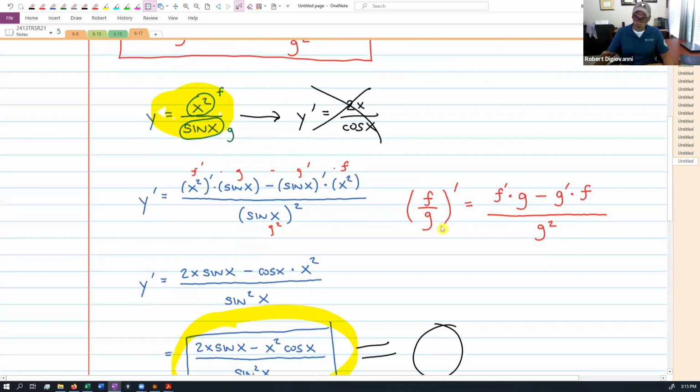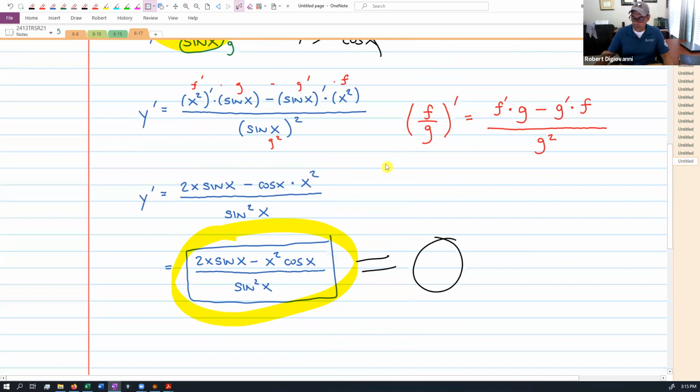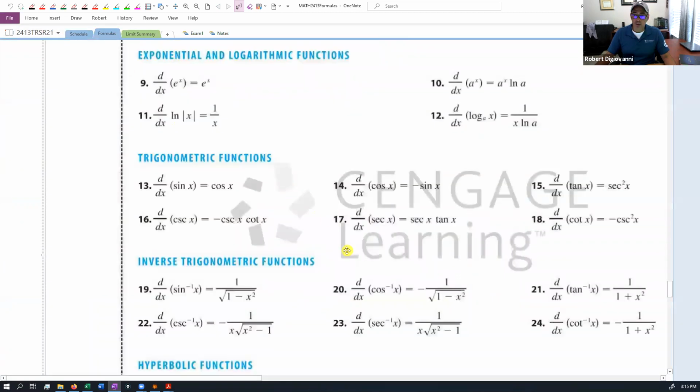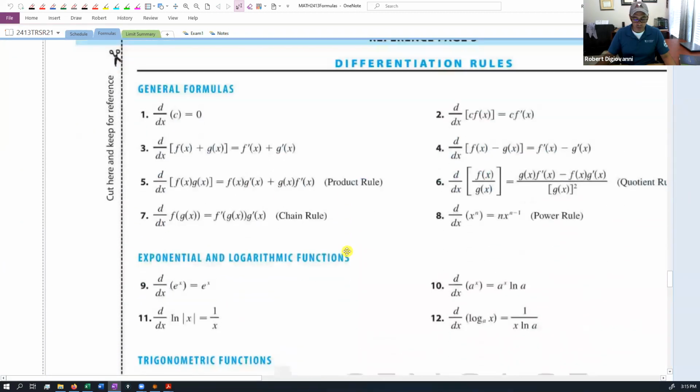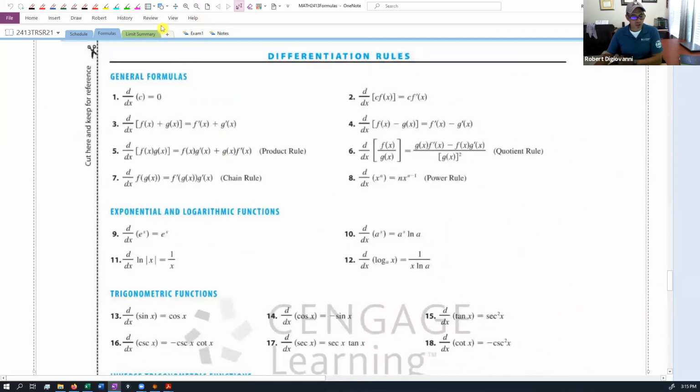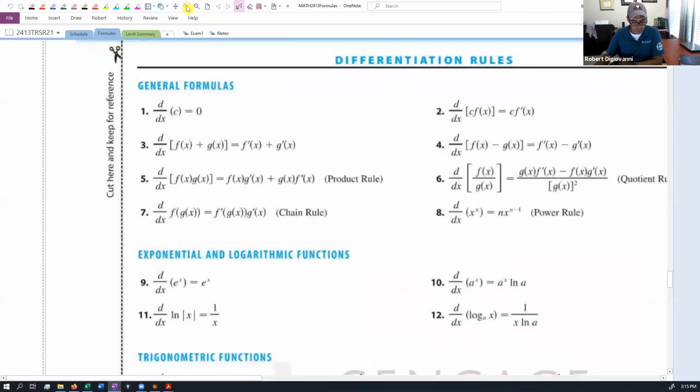Okay. Before I give you another example, I want to point something out. If you go to your formula sheet, these formulas are here. The quotient and product rules are in your formula sheet. But I want you to look at the first one for the product rule.